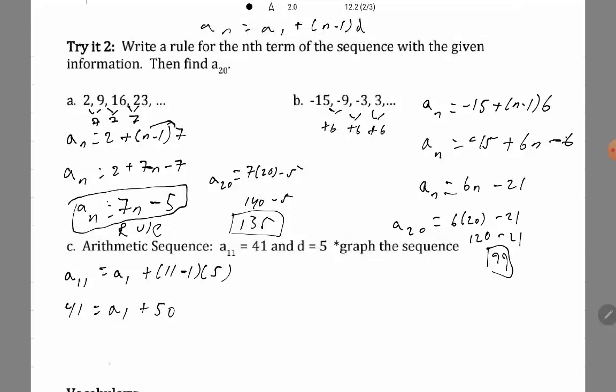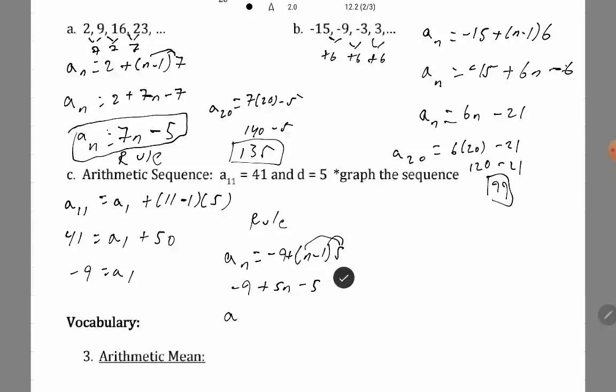I'm going to subtract 50 from both sides, and I'll get negative 9 equals a1. So my rule: a sub n equals negative 9 plus n minus 1 times 5. Distribute, so I'll have negative 9 plus 5n minus 5. So a sub n equals 5n minus 14. Here is my rule.